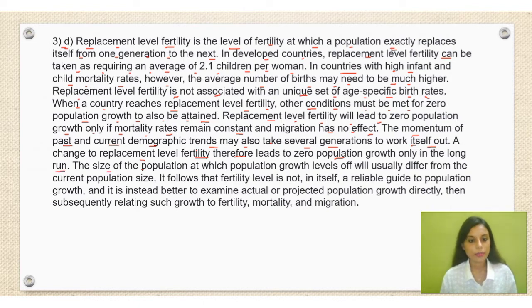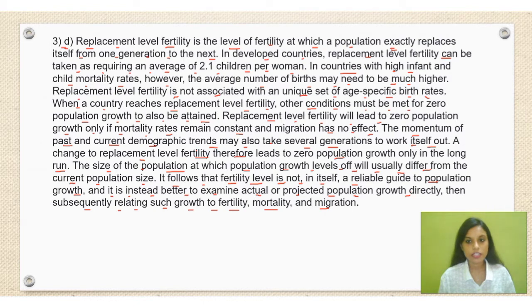The size of the population at which the population growth levels will usually differ from the current population size. It follows that fertility level is not in itself a reliable guide to population growth, and it is instead better to examine actual or projected population growth directly, then subsequently relating such growth to fertility, mortality, and migration.